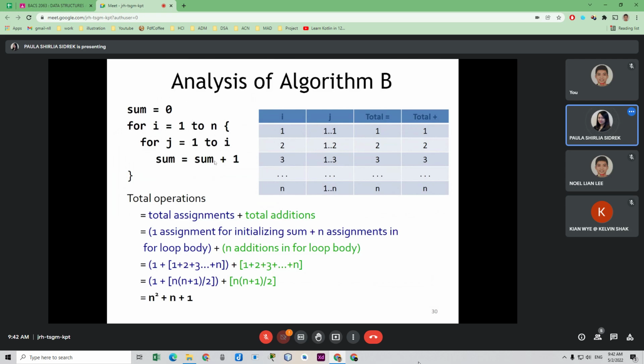This one. Okay. So 1 plus, this one is basically 1 to n, right? Plus 1 to I, right? And then the sum would be this computation of both, which comes to a derivation of n squared plus n plus 1.